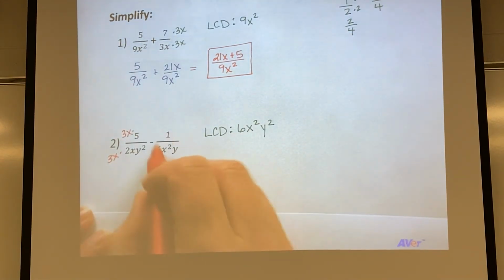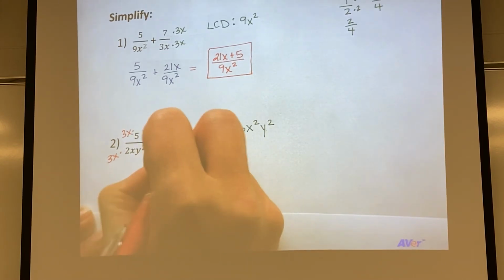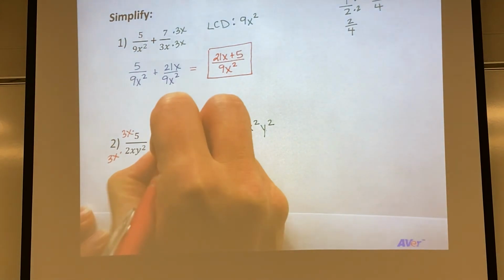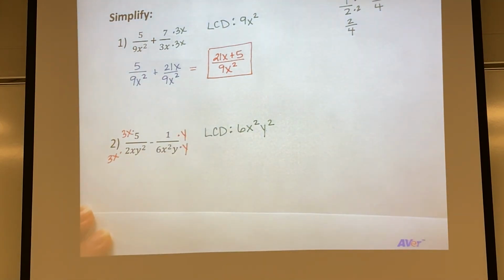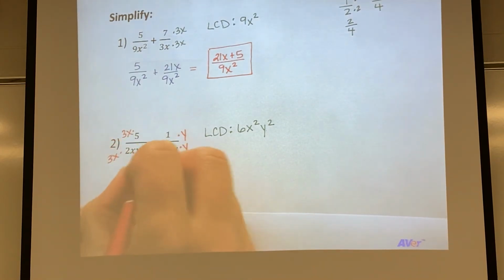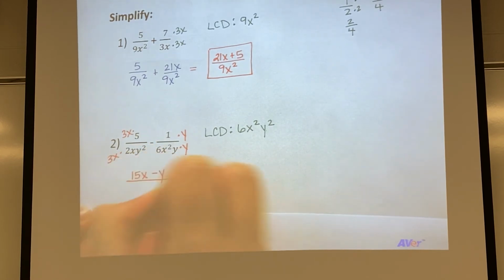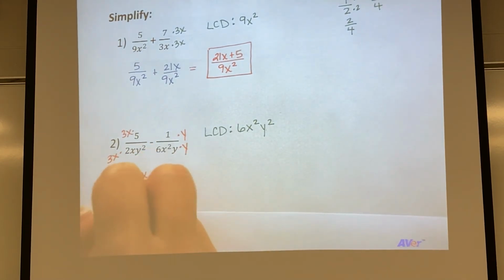On the second fraction, the 6 is good, the x squared is good, but the y isn't y squared. So we have to multiply numerator and denominator by y. All right, so that leaves us with 15x, we multiply those, minus 1y, or just y, all over our LCD, 6x squared y squared.